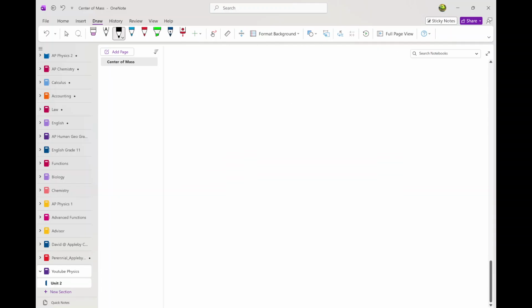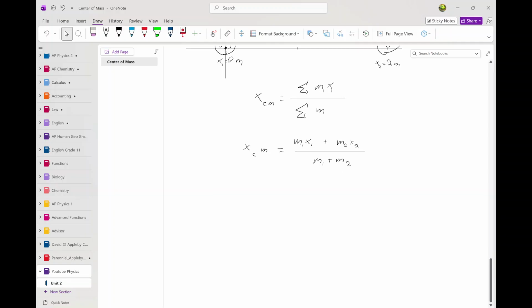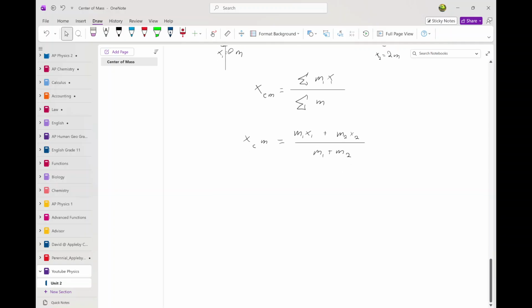So then we expand this into m1 x1 plus m2 x2, and then we divide by m1 plus m2. See how they don't cancel out? Makes sense, right? So now we can further expand.